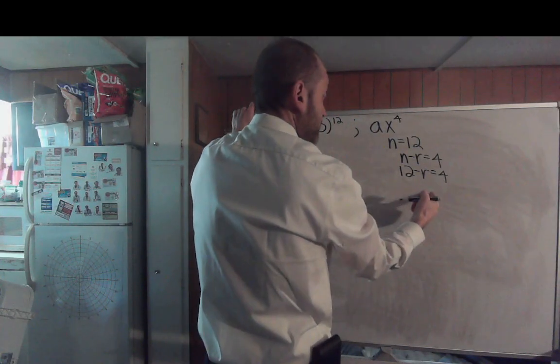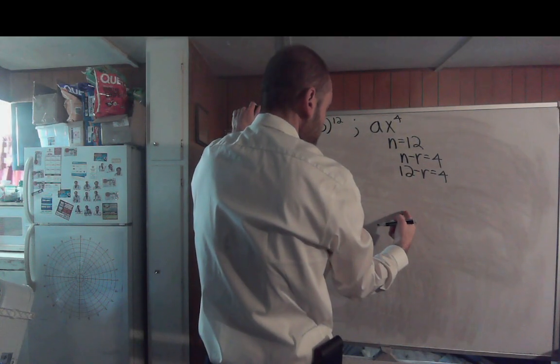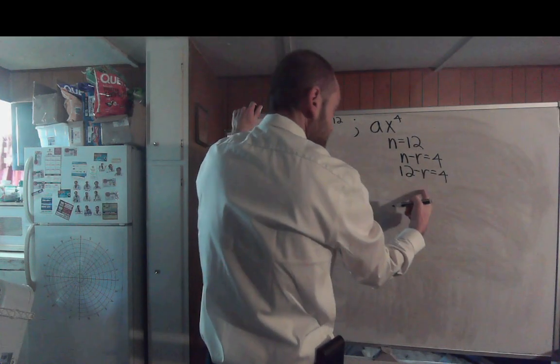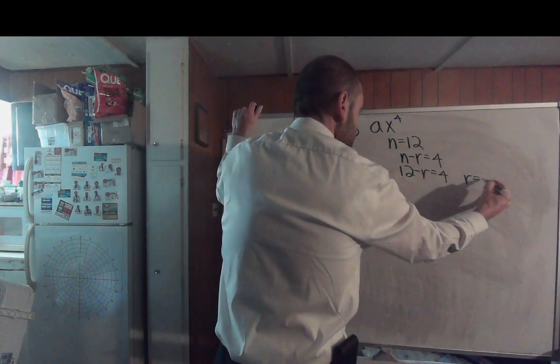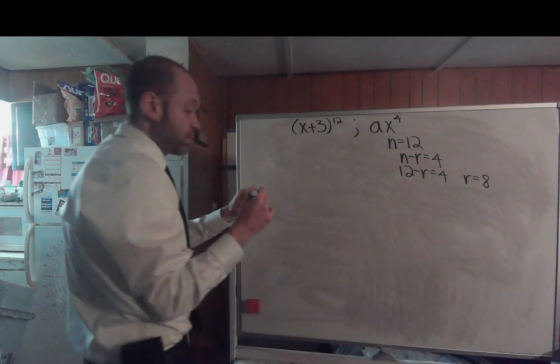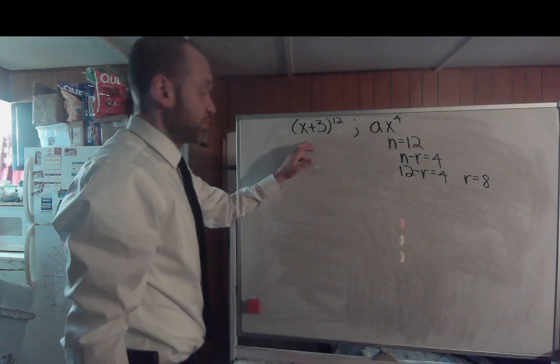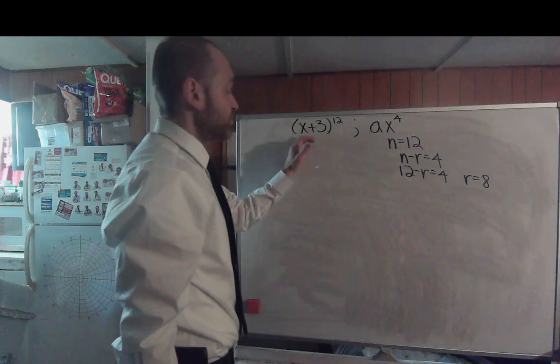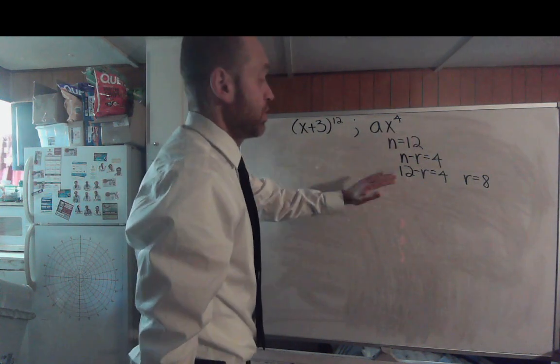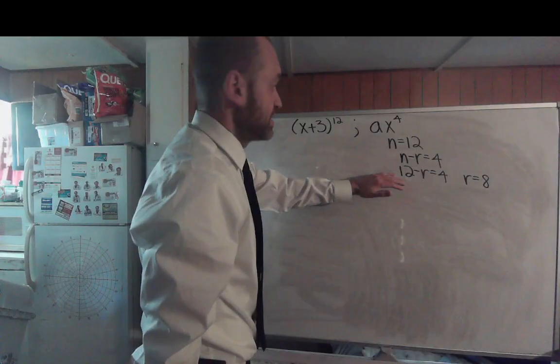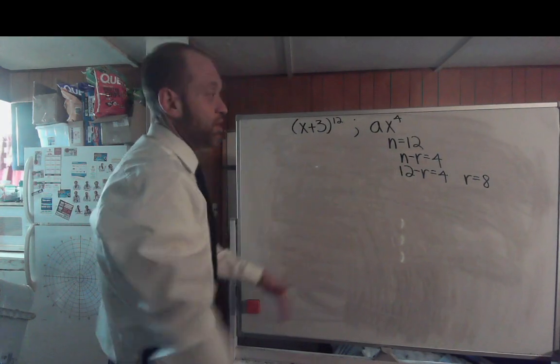So what does that really mean? That means in this case that r is going to equal 8. So we found our r by using the fact that x is the first term, and the first term is always raised to the n minus r power, and we solve for r.